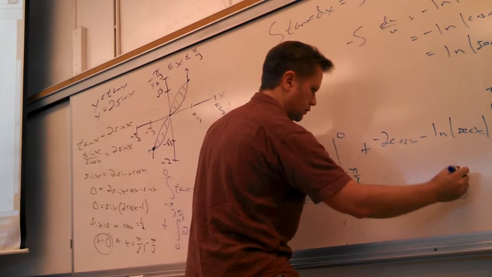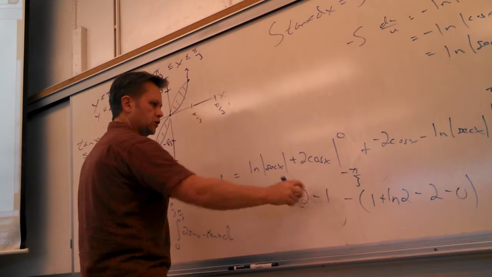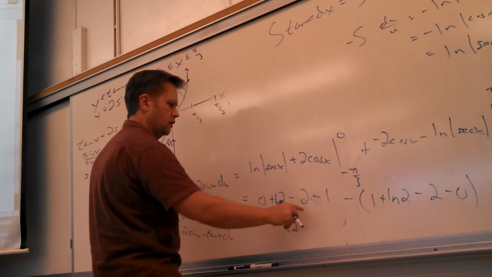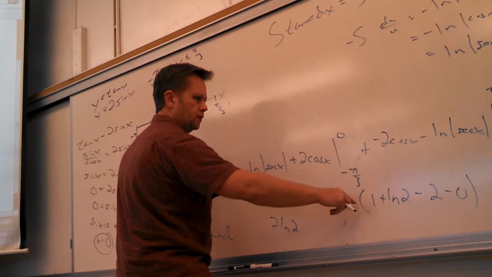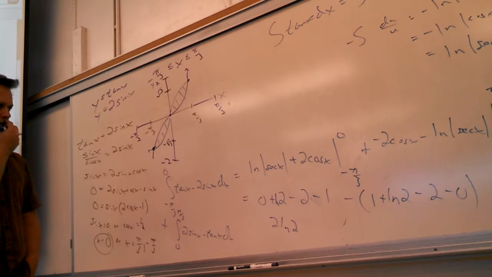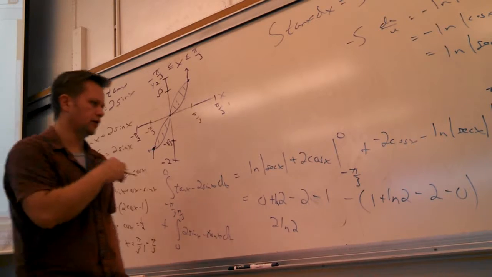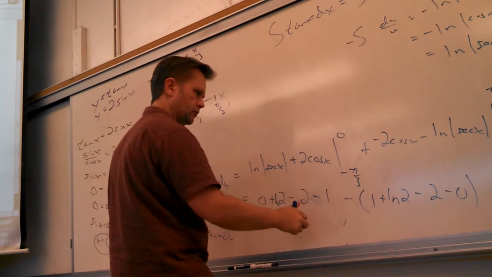So that's 0. So then you get, let's see, 2 ln 2 minus 3 minus... Did I make a mistake somewhere? You probably did, Jeff. I get a feeling like I made a mistake with the 2's there, but oh well, maybe not.